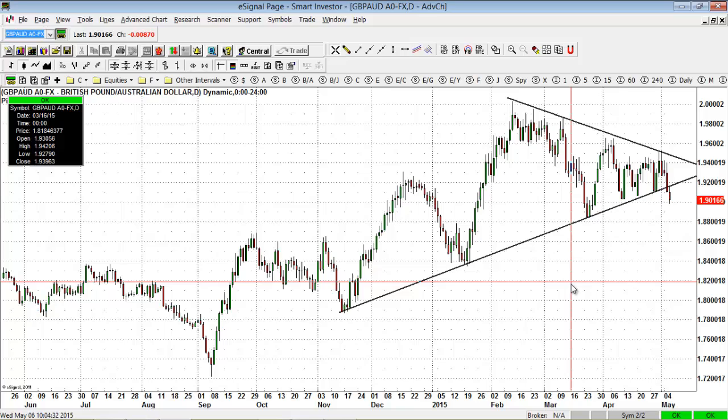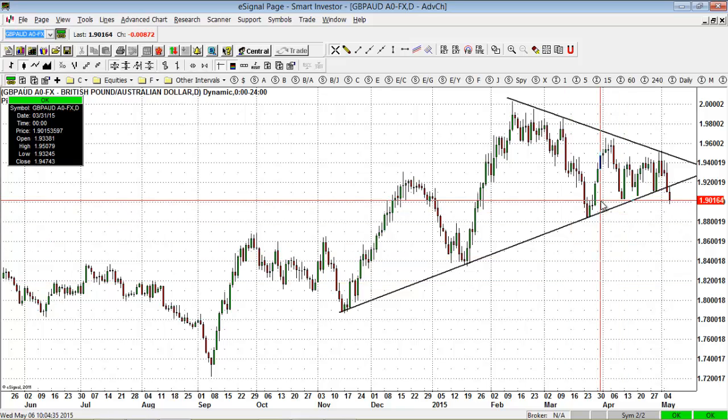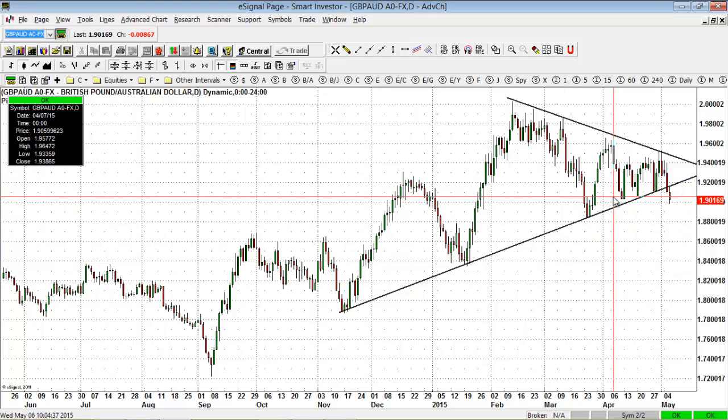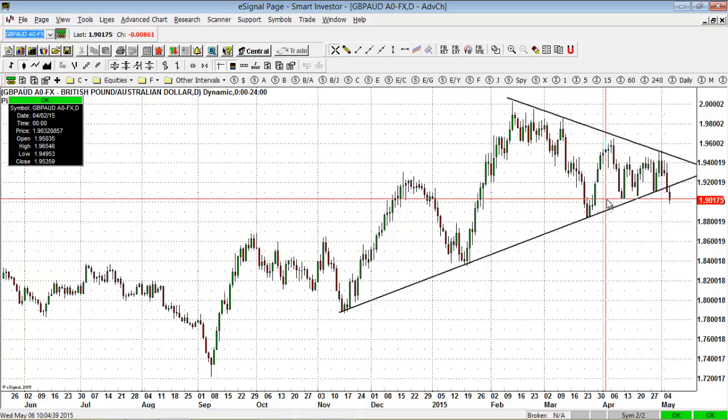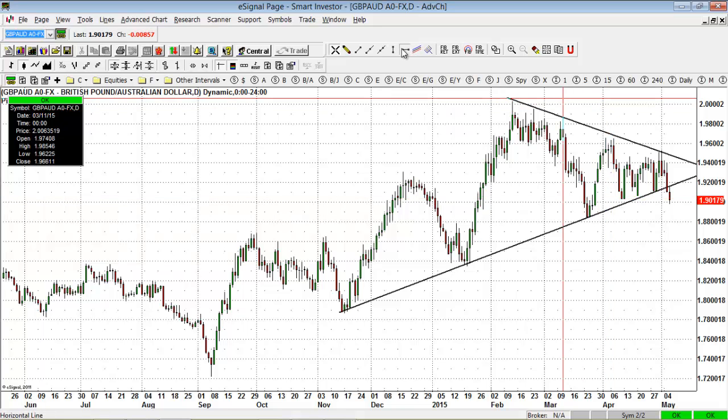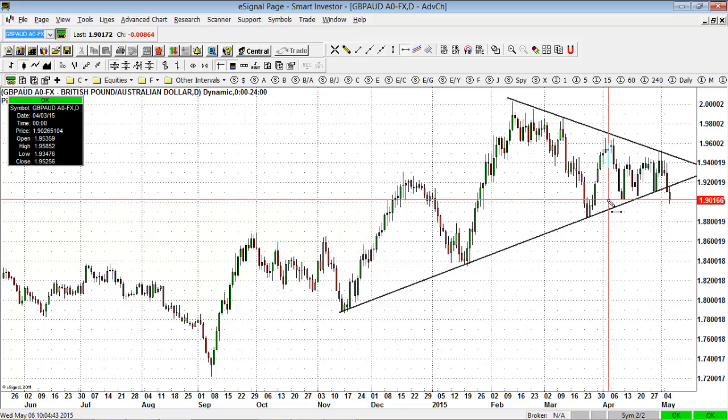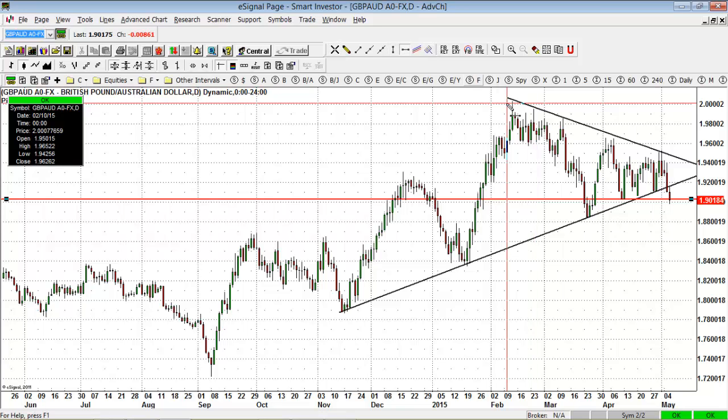Okay, so we're going to watch this market to see if this is a clean break. Now what could happen is that we're up on support areas. Sometimes these triangles may break the area of support, and then the market could enter a channel here.